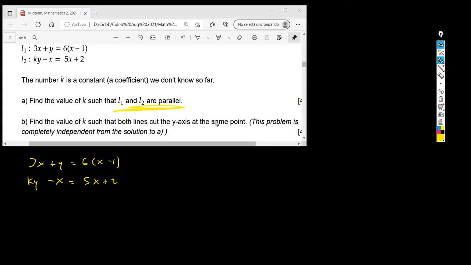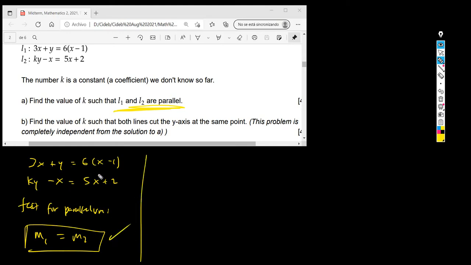The test for parallelism is that both slopes are the same. The slope of the first line, represented by M1, should be equal to the slope of line 2, which is represented by M2. If this is the case, then these two lines are parallel.